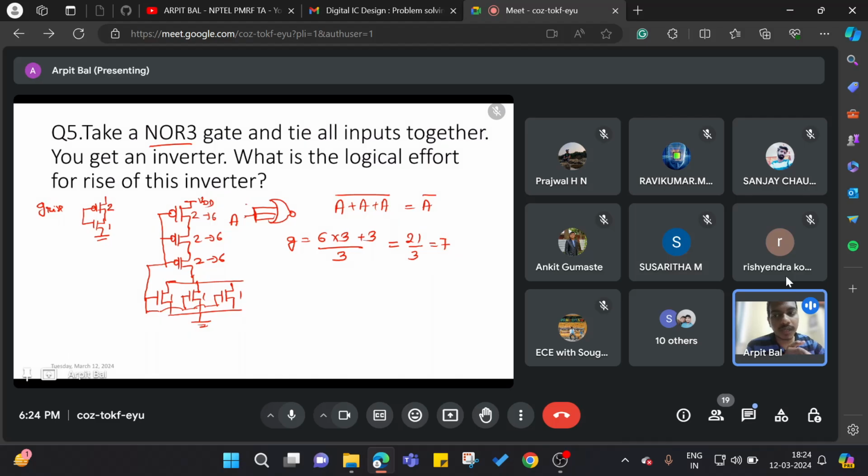The comparison was different because, let's say, PMOS I am taking 1 and NMOS I am taking 1, and I am considering the G rise. In that case the reference inverter's PMOS is going to have the same width 1, but to make it symmetric, the width of NMOS should be half.